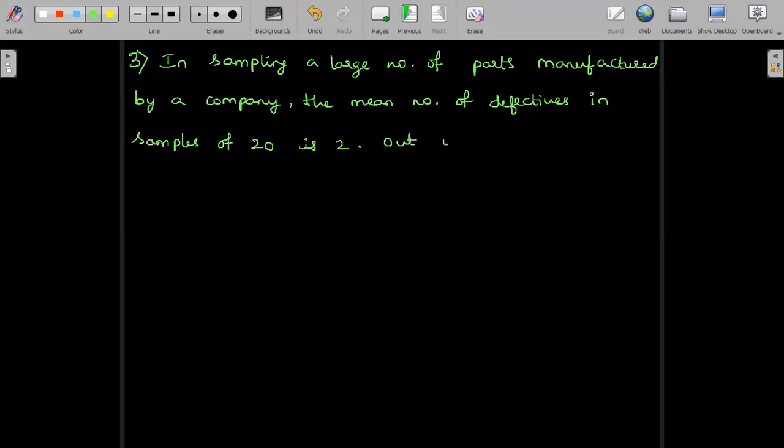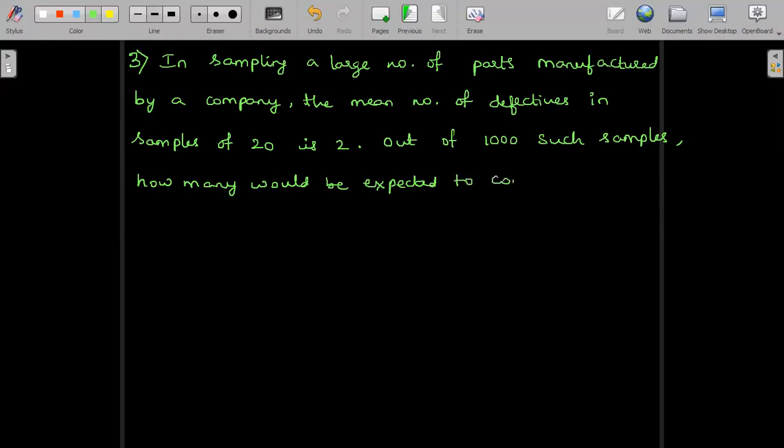Out of 1,000 such samples, how many would be expected to contain at least 3 defective parts.